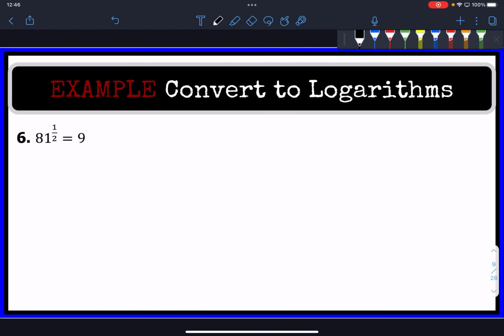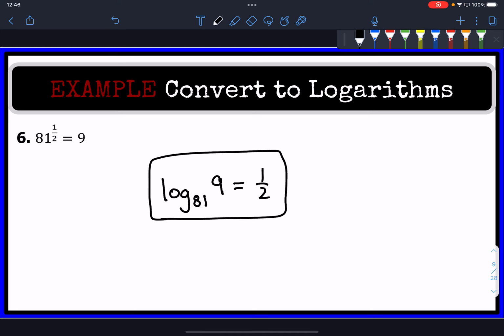And this last one here, the log base 81 of 9 is equal to 1/2. And there's your answer. So to convert from exponential form to logarithmic form, again, just identify the base. And the value that it equals is the exponent of that base.